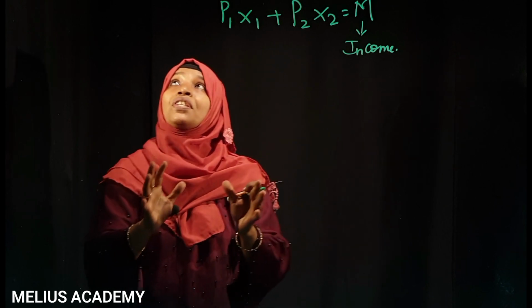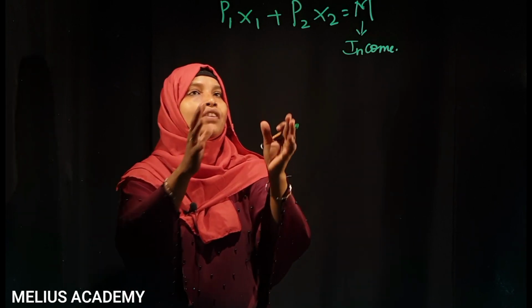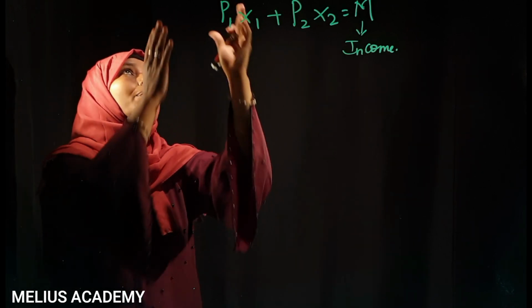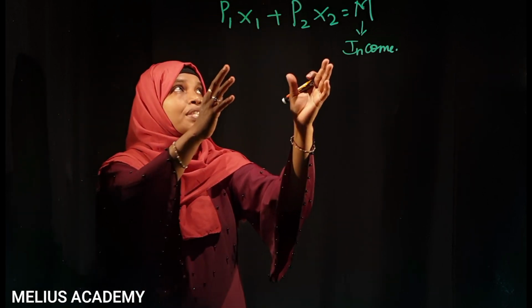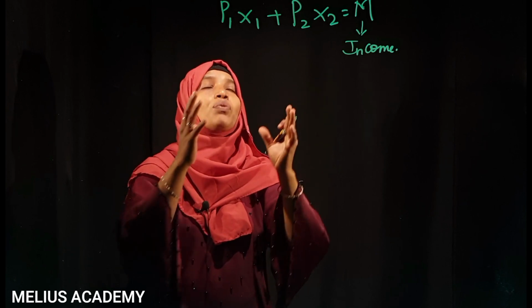Now the question: write down whatever is given. The price of banana is 4 rupees. The price of mango is 5 rupees. Consumer's income is 20 rupees.